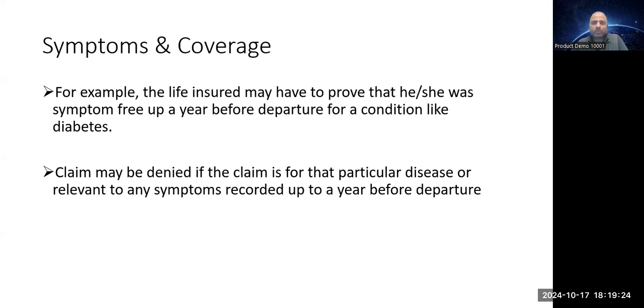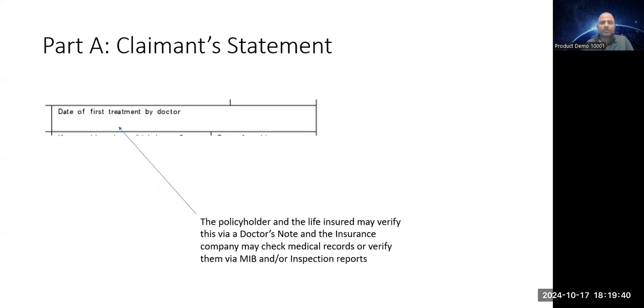Should you go for a vacation, and if the insurance company finds out about any pre-existing condition about a year before departure, your claim may be denied. So, date of first treatment by doctor.